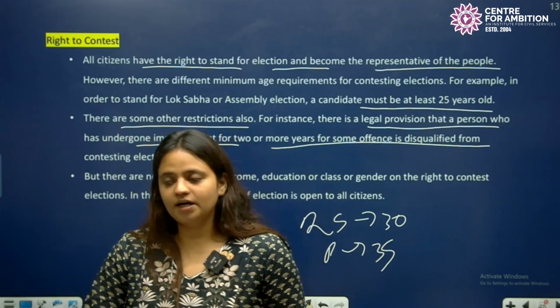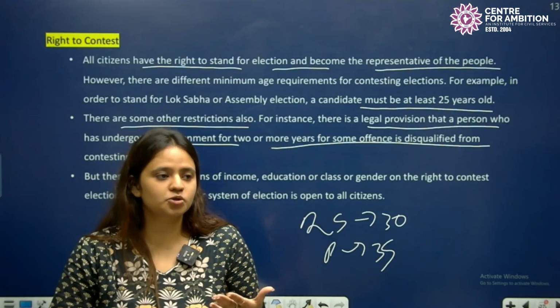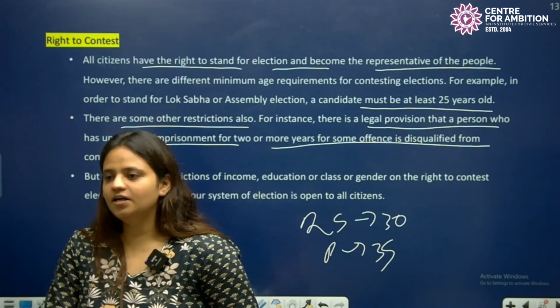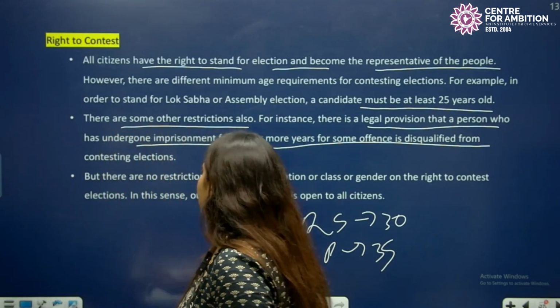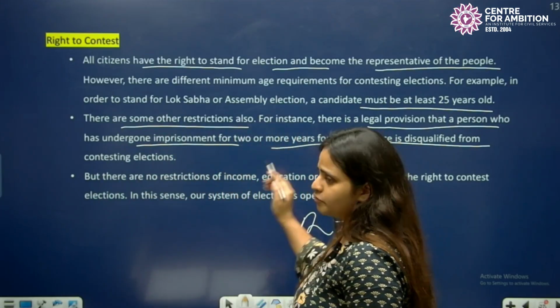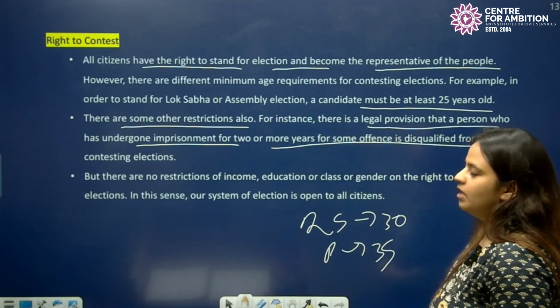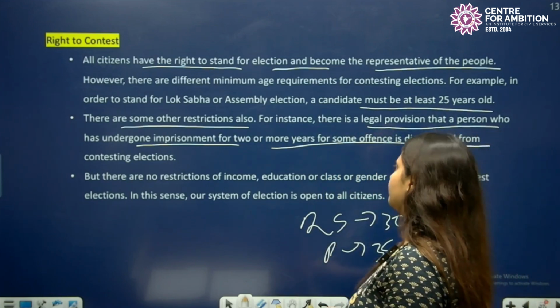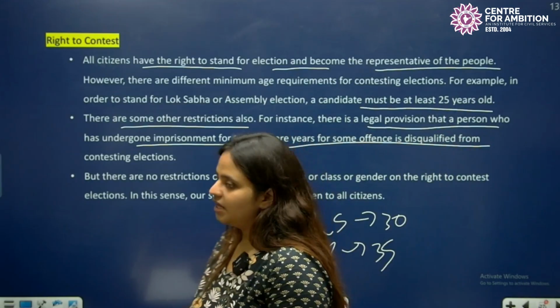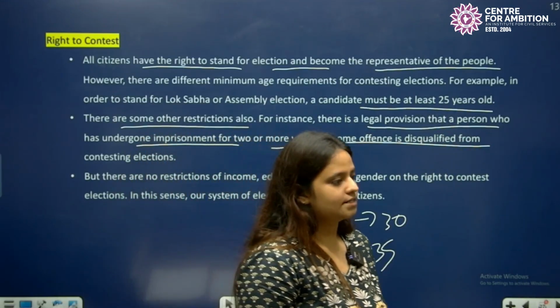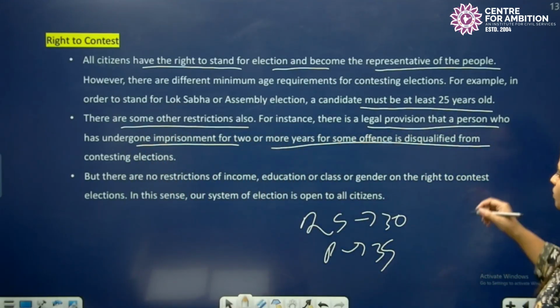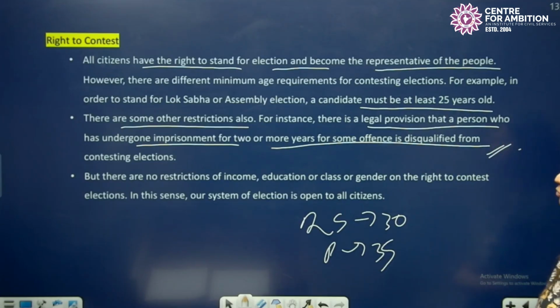It is also meant that the representatives we have chosen have not committed an offence. So there is a legal provision in the constitution that if a person has undergone imprisonment for 2 or more years for some offence, then he will be disqualified from contesting the elections. This we have to make sure of.